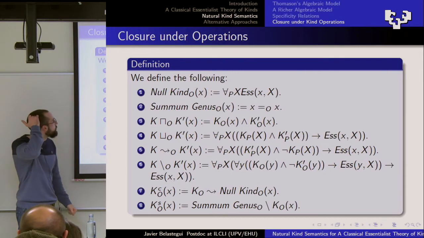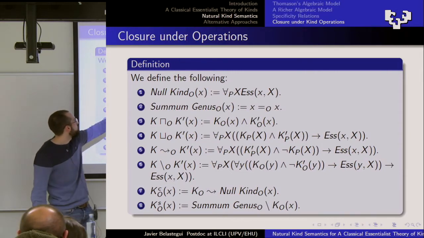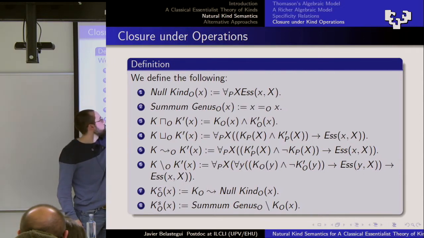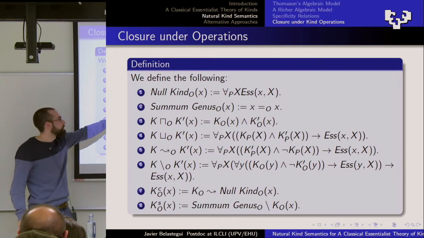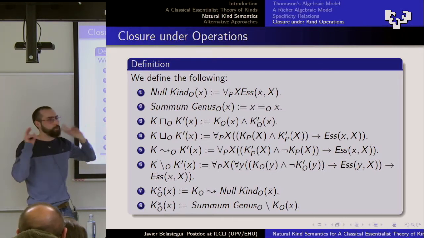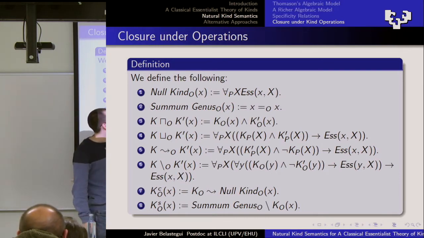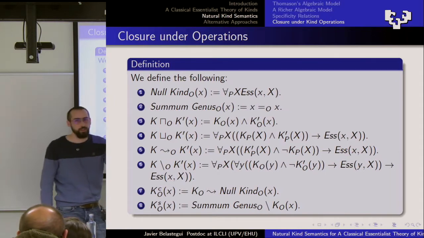So here is the way to formulate it in the logic. For instance, an object X belongs to the conjunction of two kinds if and only if it belongs to both. But an object belongs to the disjunction of two kinds if and only if it has the properties that are in the essence of one and in the essence of the other.